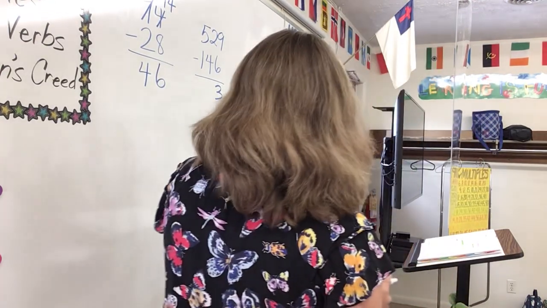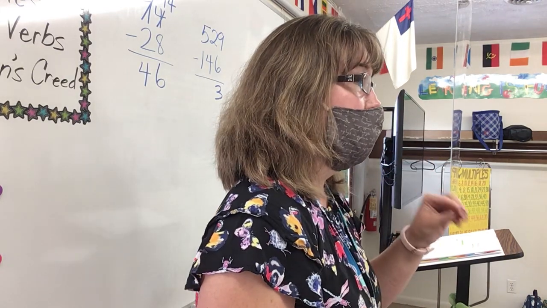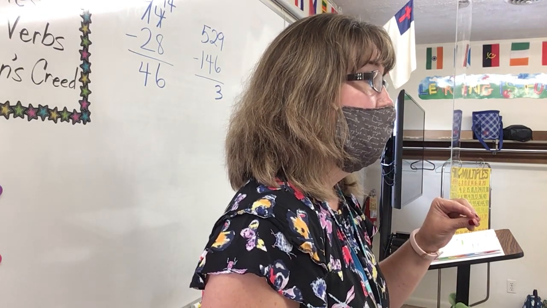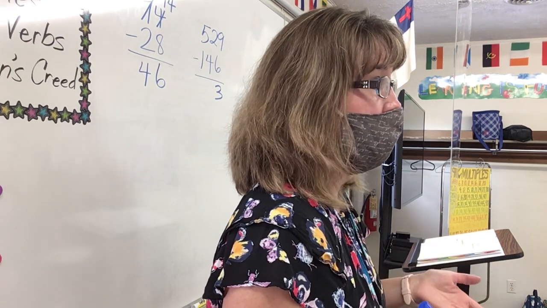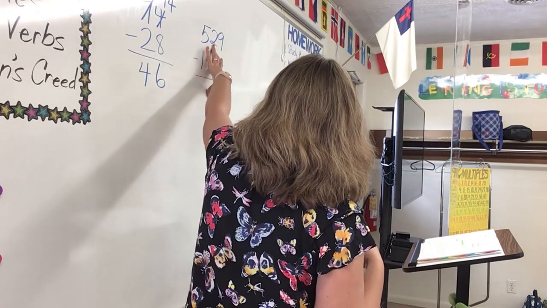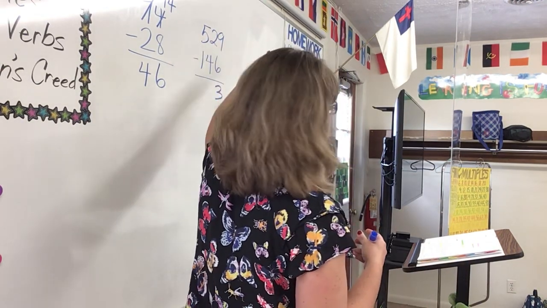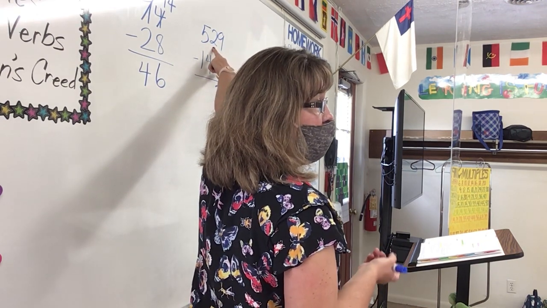Okay? Now, the thing is, you have to think. 100 is how many tens? 10 tens. So really, he's giving me what looks like a 10, but it's really 100. He's giving me 100, but since it's in the tens place, it's going to look like a 10.